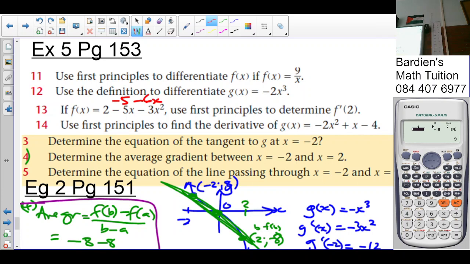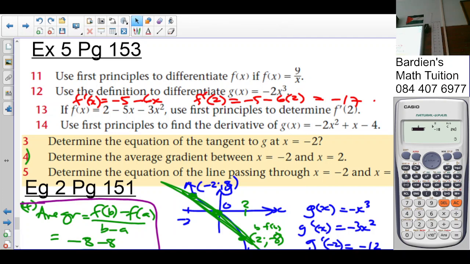Substitute that in, f dash of 2 gives you negative 5 minus 6 times 2, which is 12. It's negative 17. And then the last one here, use first principles. That gives us negative 4x plus 1. Okay, and I went all the way now.